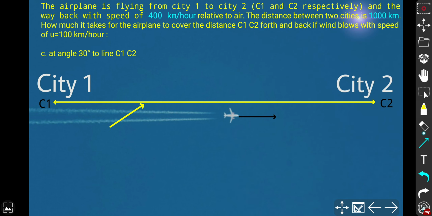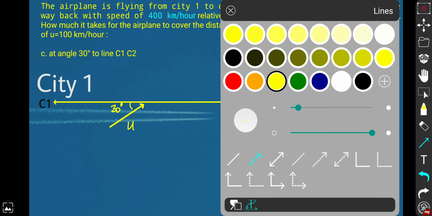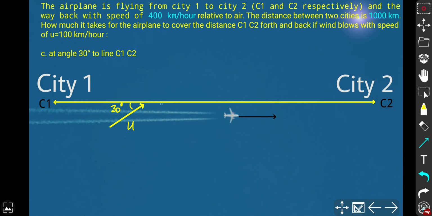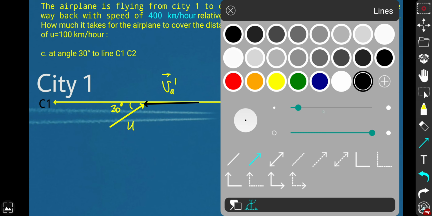But we need to arrange the motion so that the resultant vector is going from C2 to C1. So that's the actual direction of the airplane. I put this vector this way, so that's going to be VA prime, and that means the real direction of the airplane is supposed to be in that way.